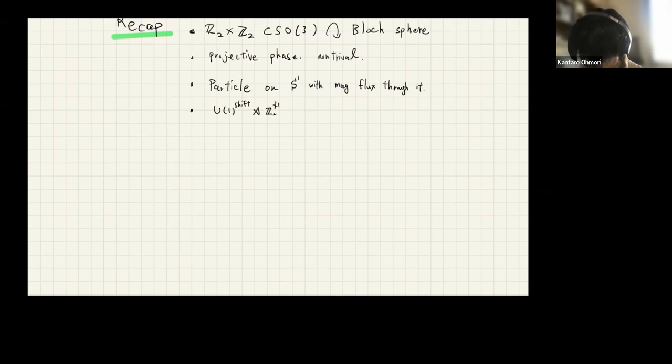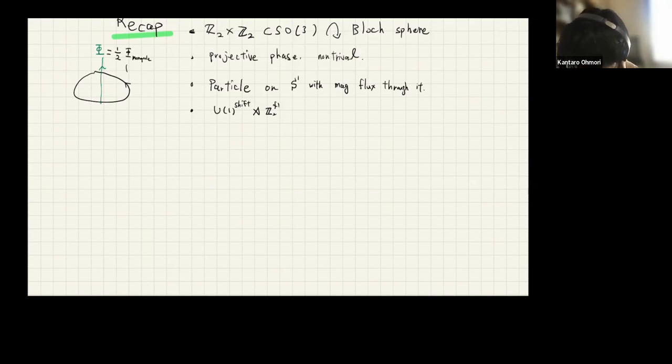So the model was a ring with magnetic flux, where the flux is half of the flux from the Dirac monopole.